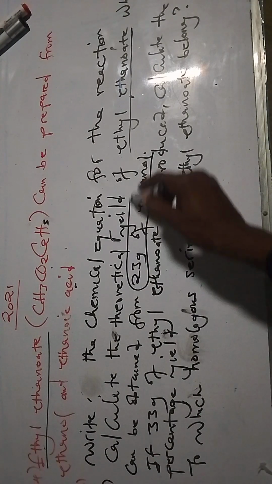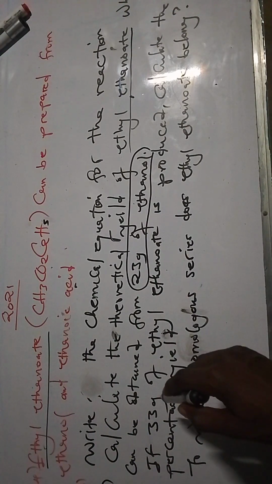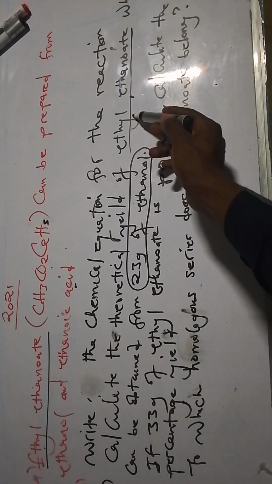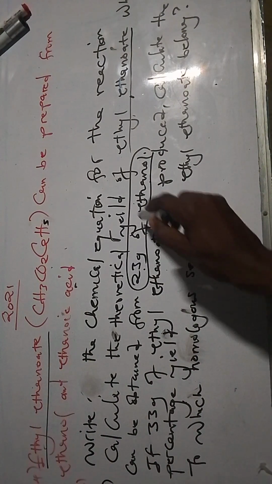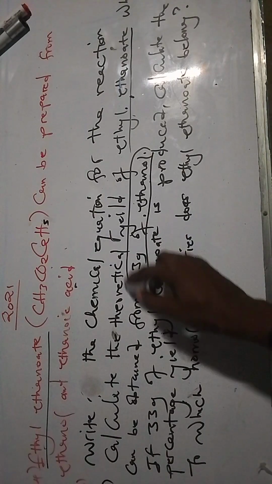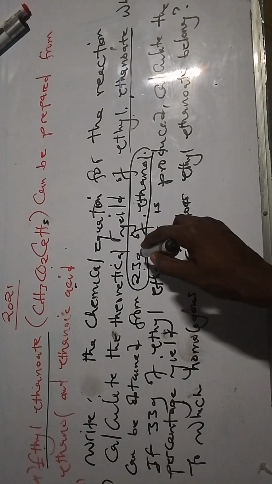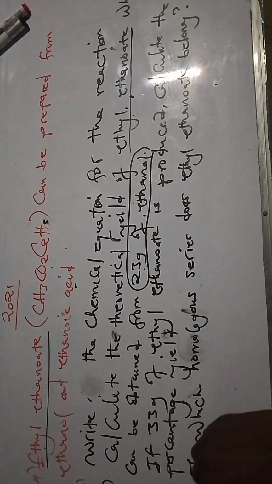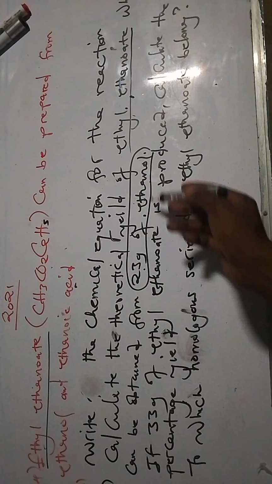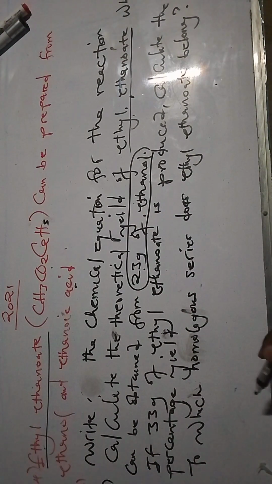So we know that we are looking for the mass of this one, and ethanol has a value. If this 23 grams was for ethanoic acid, then we would get ethanoic acid. Now, because it has come with ethanol, we are going to get ethanol.